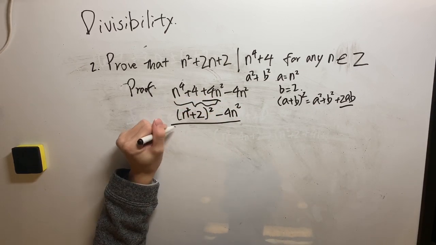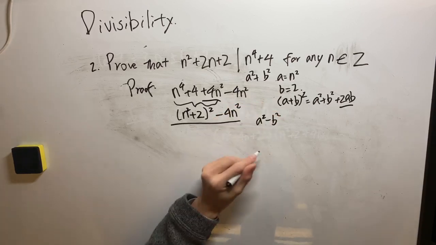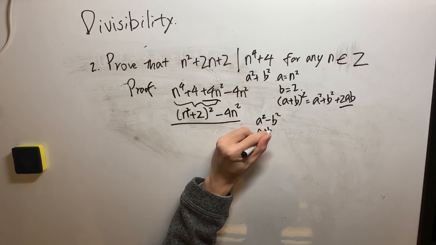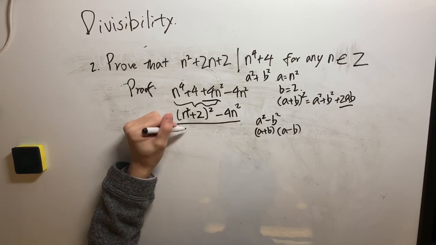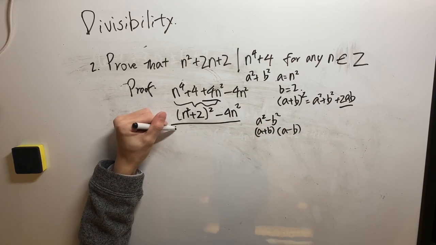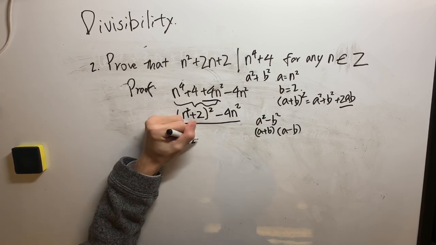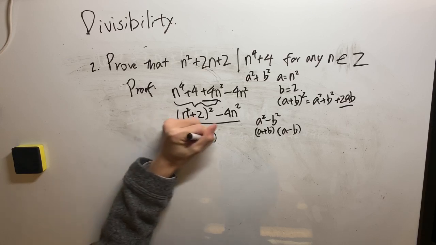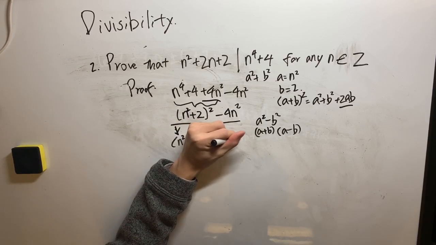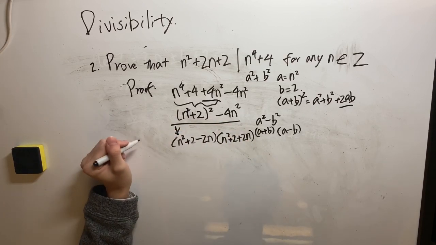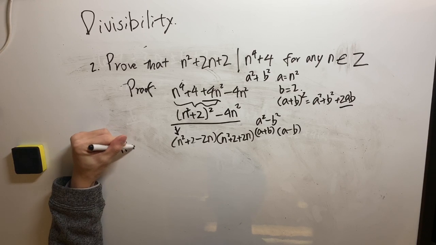You can see that it is a form of a squared minus b squared, which equals a plus b times a minus b. Thus, we can also simplify this as n squared plus 2 minus 2n times n squared plus 2 plus 2n. Thus, we easily solve the question.